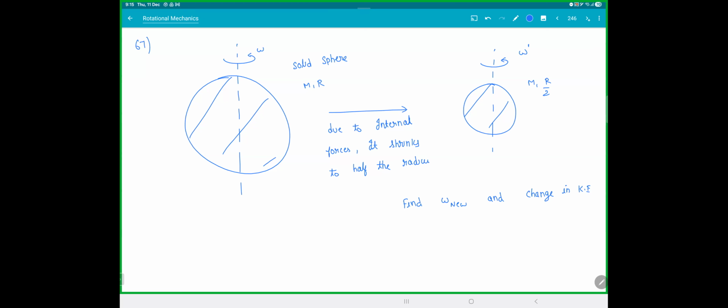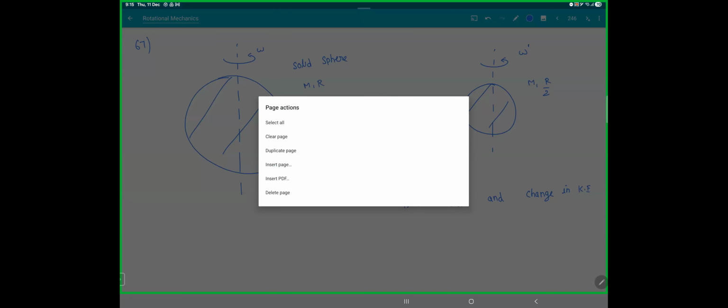Again, we'll start with simple ones and then we'll slowly bump up the level for conservation. Okay, let's see.